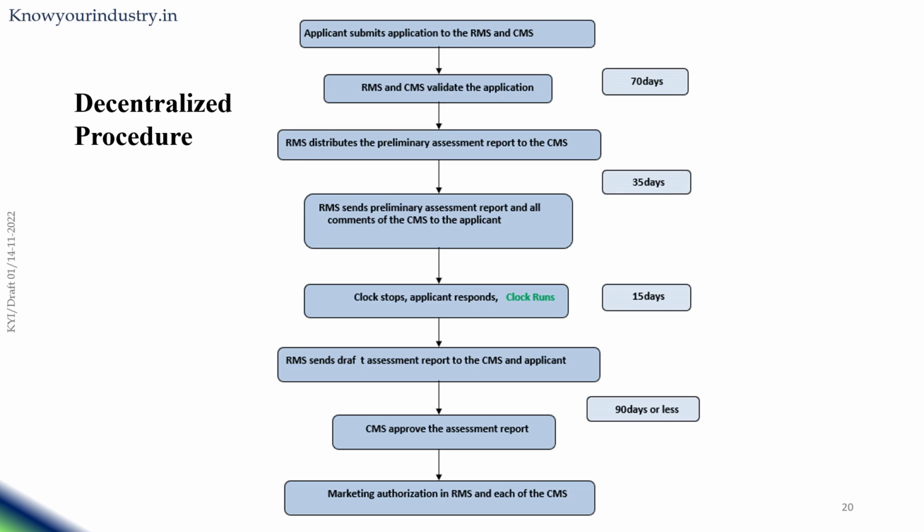Then clock stops, applicant responds, and then clock runs within 15 days. Then RMS sends draft assessment report to the CMS and applicant. Then CMS approves the assessment report. It takes 90 days or less. And then the marketing authorization in RMS and each of the CMS is granted. This was about the decentralized procedure.